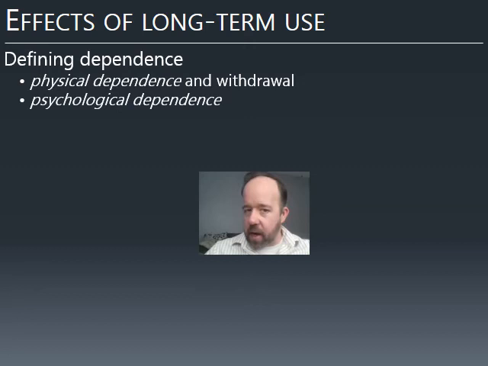They feel compelled to take it. So those are different. And drugs can have psychological dependence without having physical dependence. Usually, if they have physical dependence, if you're at that point, you'll be psychologically dependent as well. But marijuana, for example, does not seem to produce physical dependence, but can produce psychological dependence.